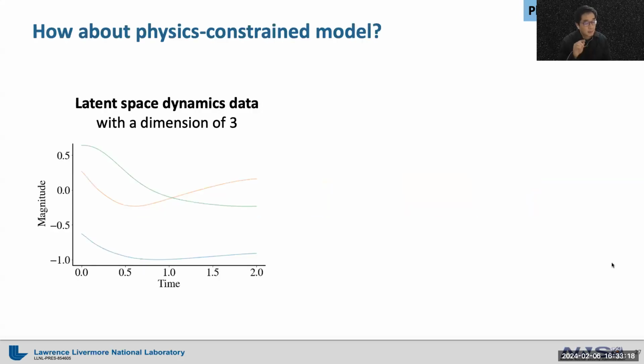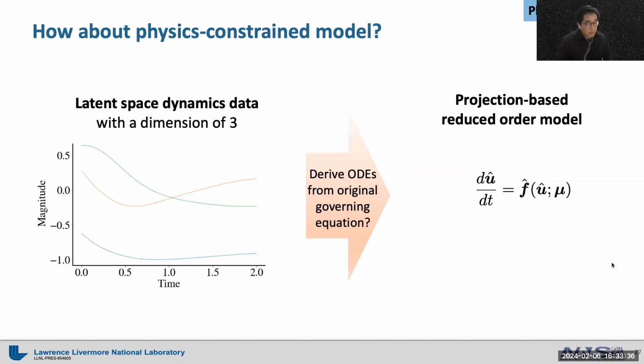And from the perspective of latent space dynamics identification, this follows that procedure: the compression and identification of the latent space dynamics, and also the decompression to do the predictions. What does a projection-based reduced order model do, if you think about it? You actually use the underlying physics to derive the differential equations for latent space dynamics.